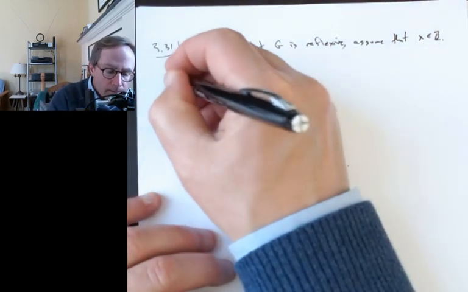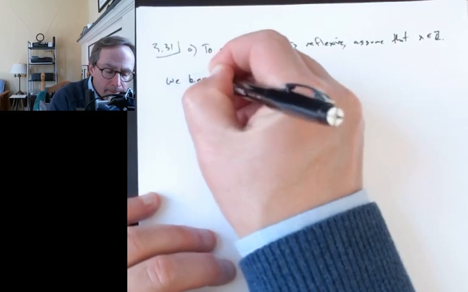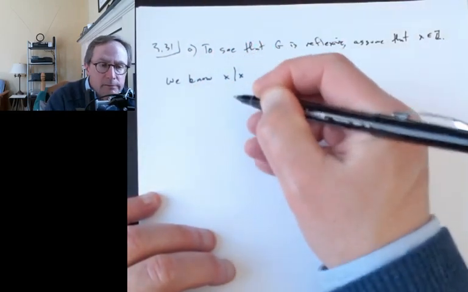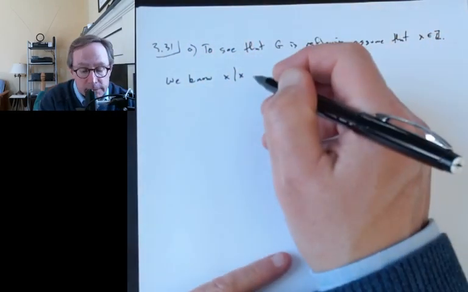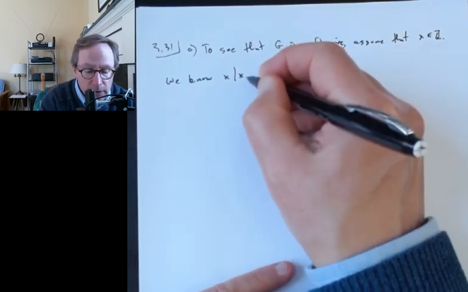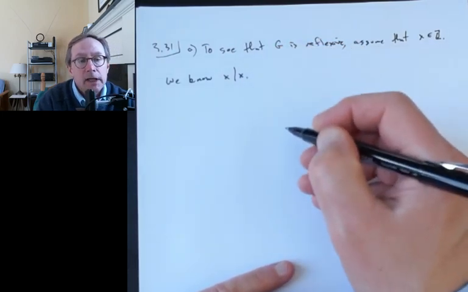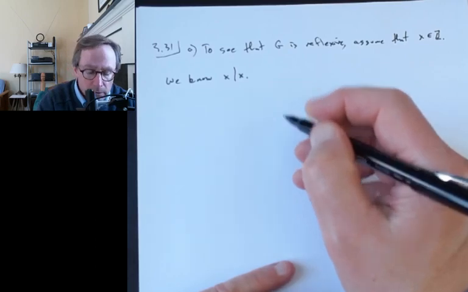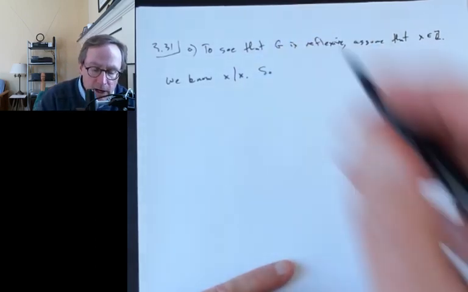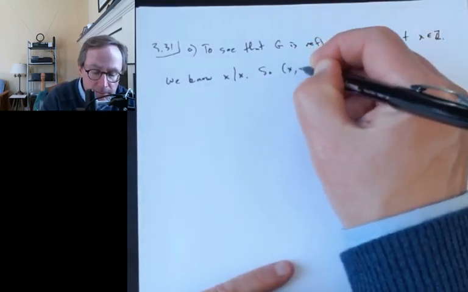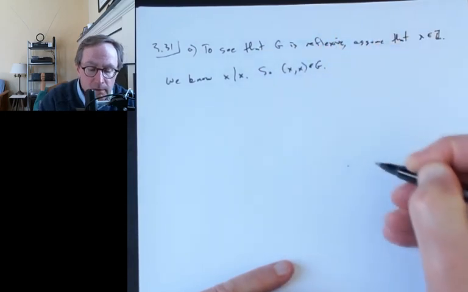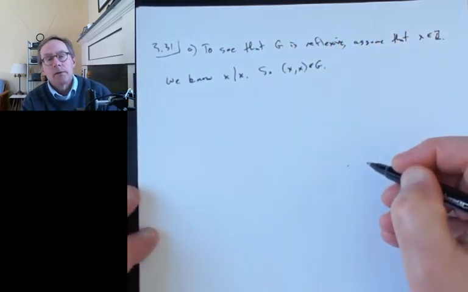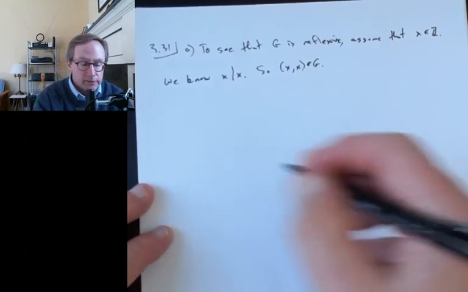Then we know x divides x. Just from earlier, we saw that in the first couple weeks, even in the case of 0. So x comma x is an element of G. Okay, that's what it takes to be reflexive.